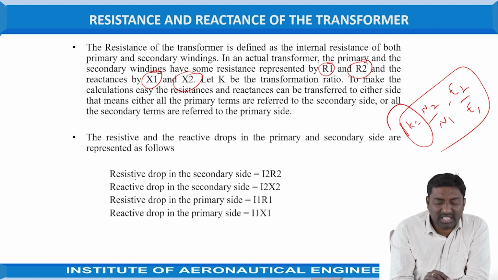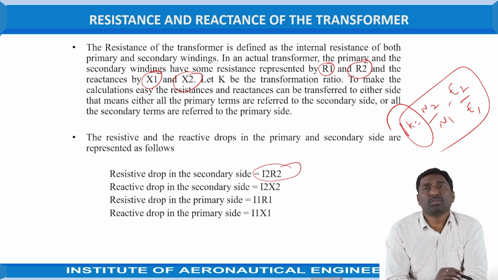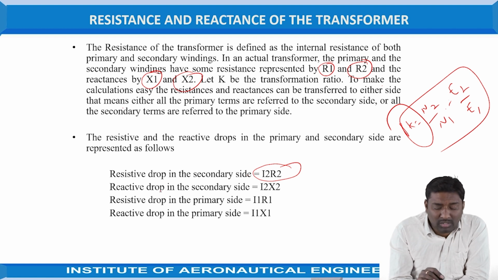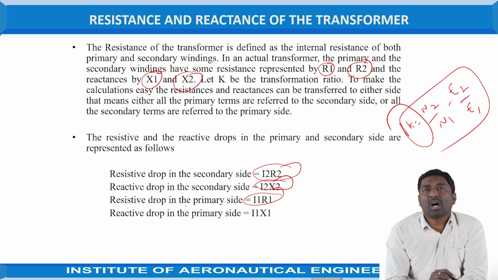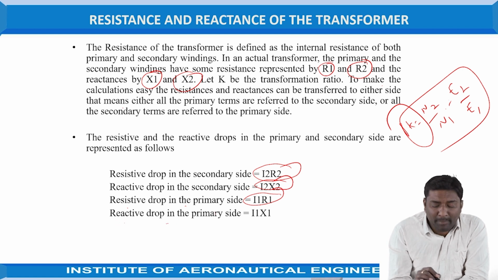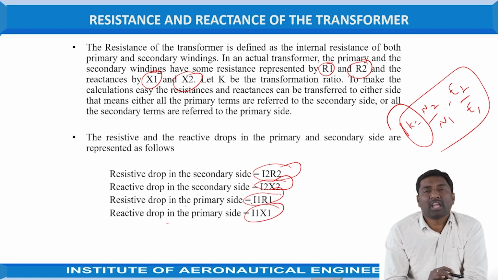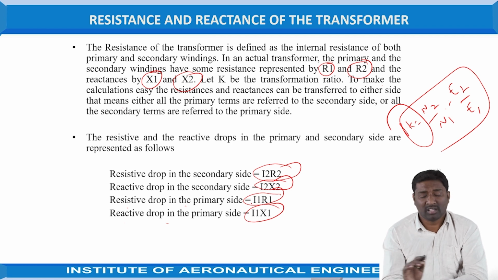The resistive drop in the secondary side is equal to I2 into R2, and the reactive drop in the secondary side is equal to I2 into X2, and the resistive drop in the primary side is equal to I1 into R1, and the reactive drop in the primary side is equal to I1 into X1.